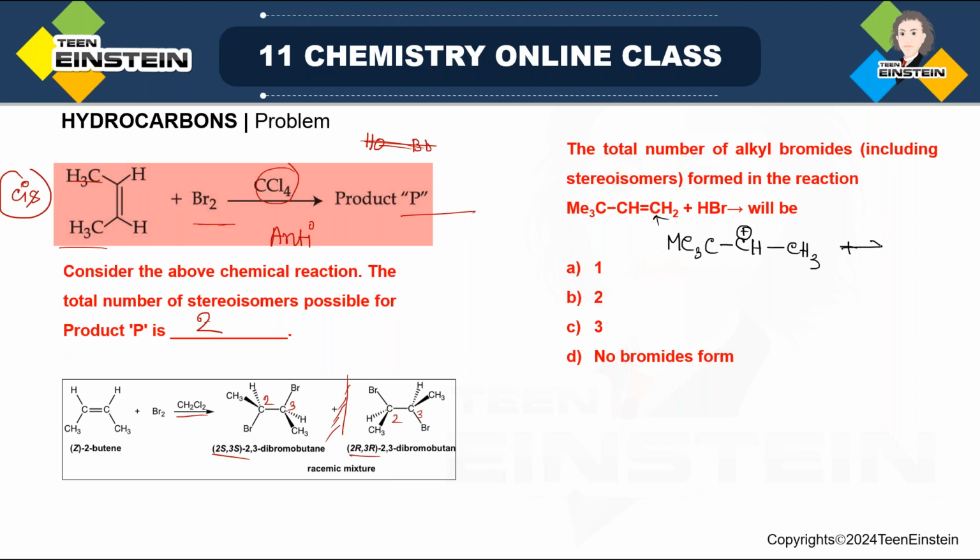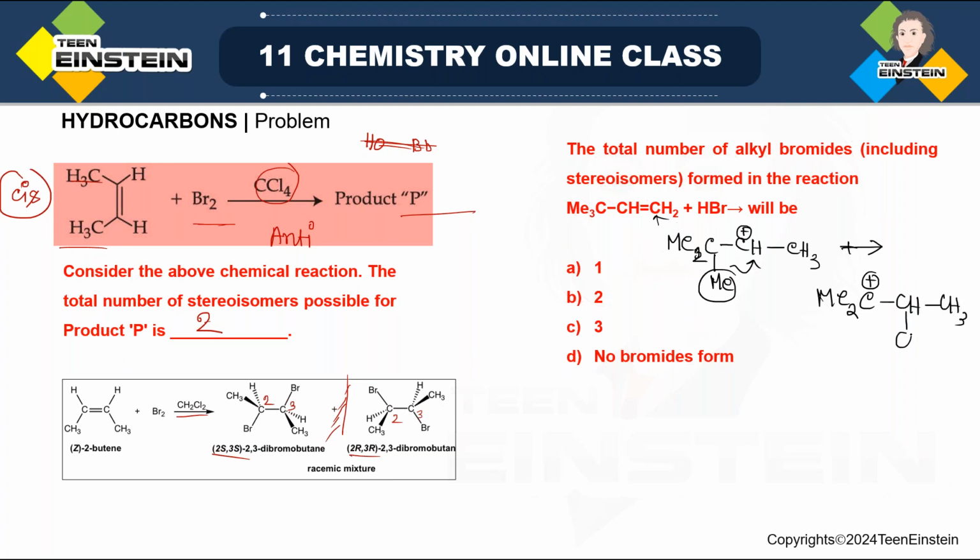But here rearrangement is possible. If you consider rearrangement, one of the methyl groups may be shifting here. Once it is shifted, it will be carrying the positive charge on this carbon.